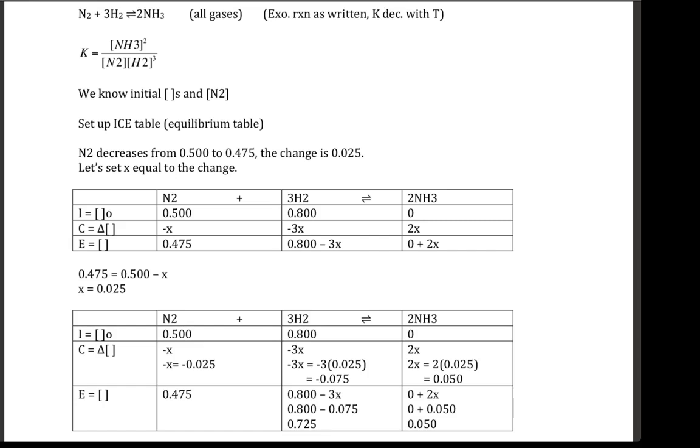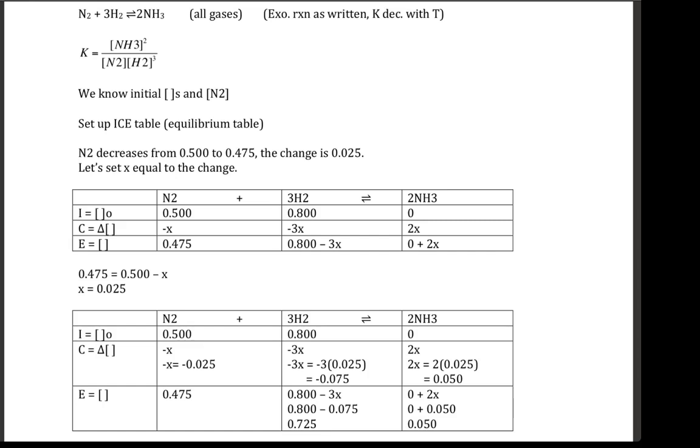So now if we replace the X in our table by 0.025, we have negative 3x to be 3 times 0.025 or negative 0.075. And we have 2x to be 2 times 0.025 or 0.050.